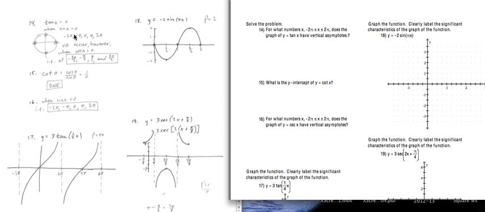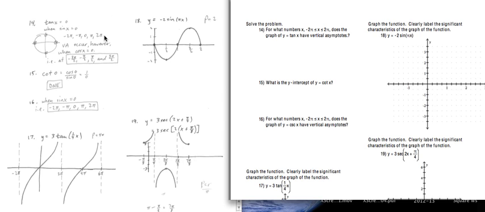In other words, the tangent being the sine over the cosine, the vertical asymptotes are going to occur where the denominator of this fraction is equal to 0. Well, where around the unit circle is the cosine equal to 0? You know that. The cosine is equal to 0 up at the top and down at the bottom. Up at the top, one angle measure that we can call that is pi over 2.